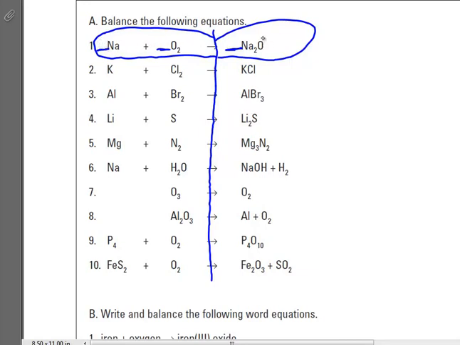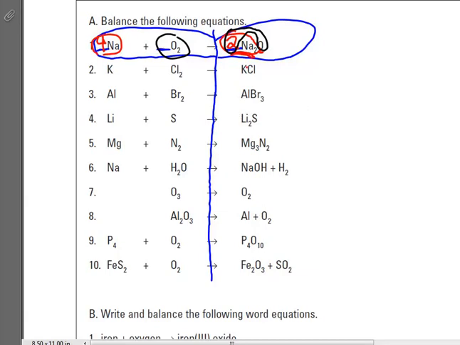Then you would notice that there is 1 O and 2 O's, and as soon as you put a 2 in front of this, it not only changes your O's, now you have 2 O's, but it also changes your sodiums to 4. So go over and put a 4 to fix that. So 4 sodium here, and 4 sodium here, 2 oxygen here, and 2 oxygen here.